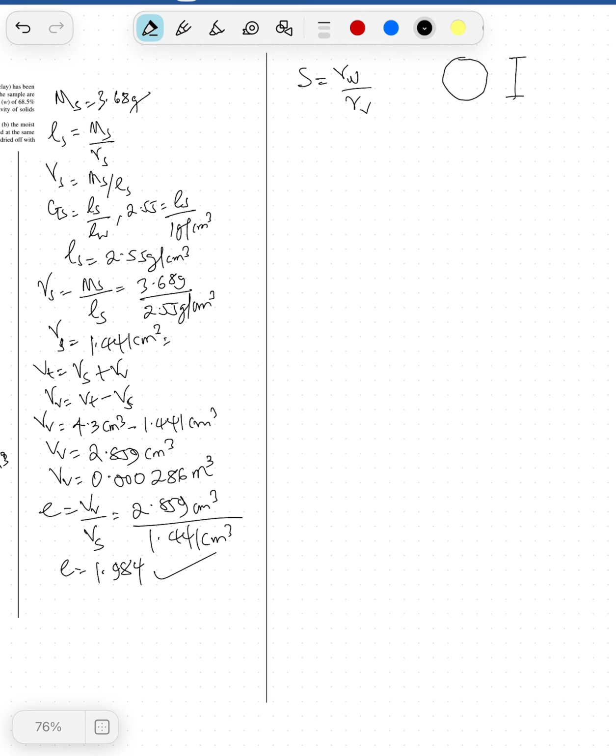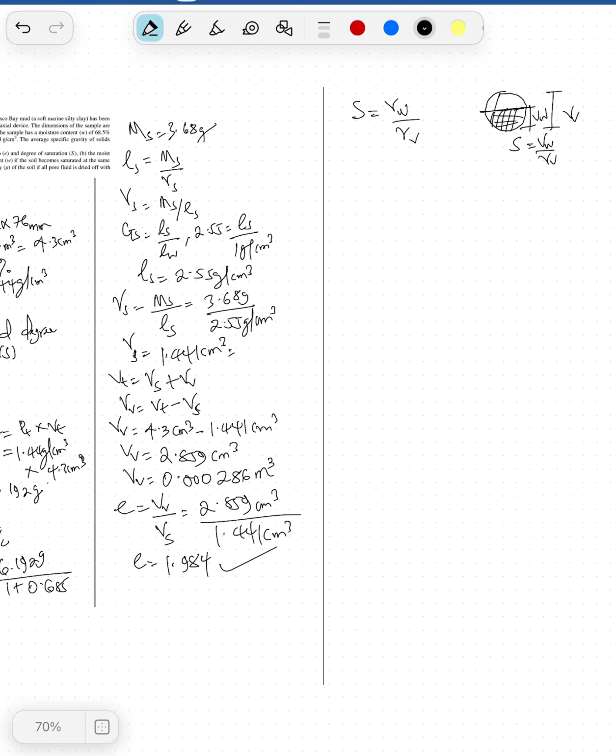This is the volume of void, and if this is water, we're talking about how much water is in the void with respect to the void.